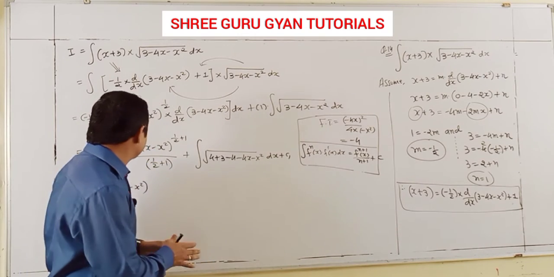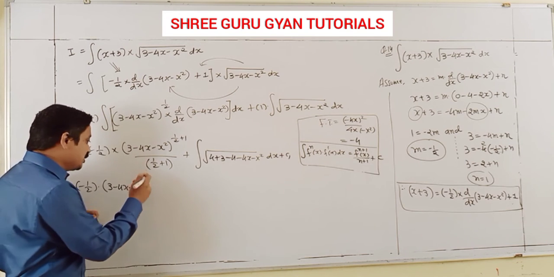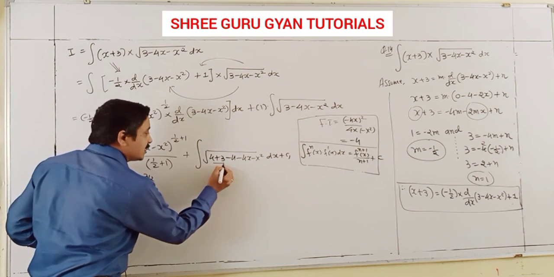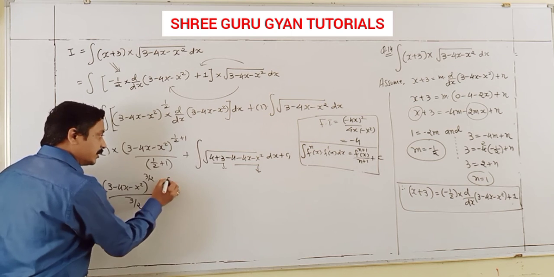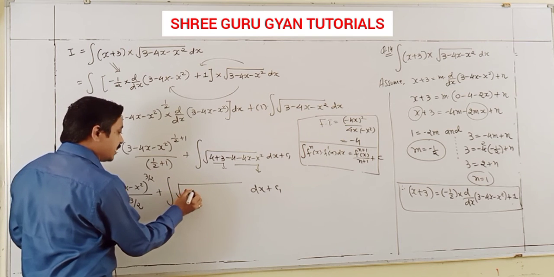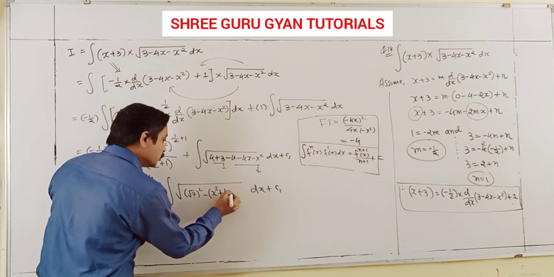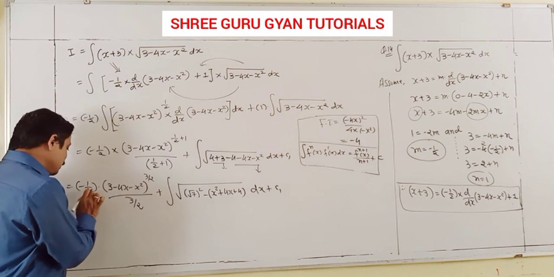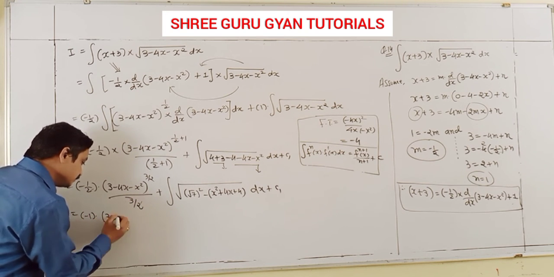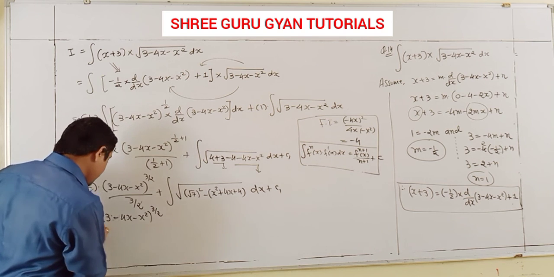Now students, continue. Here the power is half plus 1 by half plus 1, which actually gives 3 by 2, and that also gives 3 by 2. Here there is a perfect square trinomial, so you can convert it into a perfect square trinomial. So it is 7; I write down root 7, and the minus common, x square plus 4x plus 4. So the 2s cancel. Your answer is minus 1 times (3 minus 4x minus x square) raised to 3 by 2 upon 3.